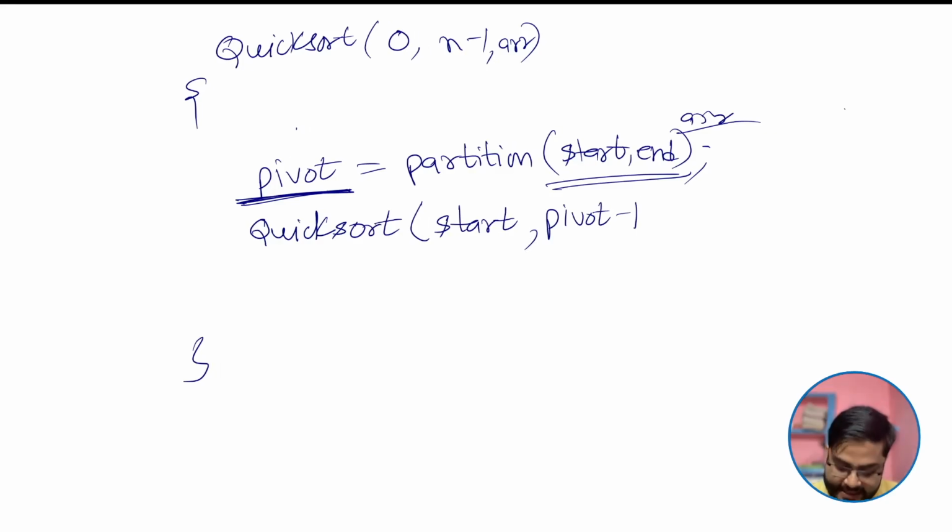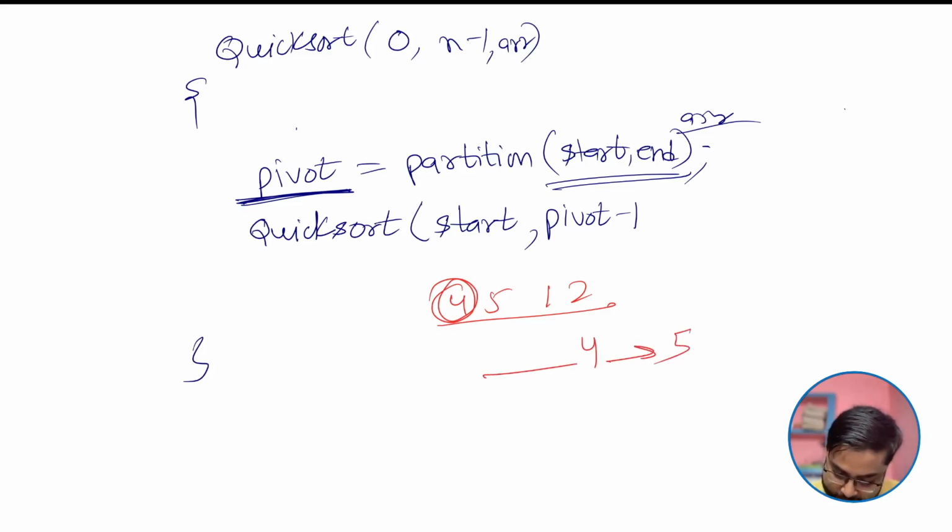Let's say 4, 5, 1, 2 are our elements, and I am choosing 4 as our pivot element. What is the correct position of 4? After 4 we will have 5, and before 4 we will have 1, 2. So the index of 4 is 2: 0, 1, 2, 3.